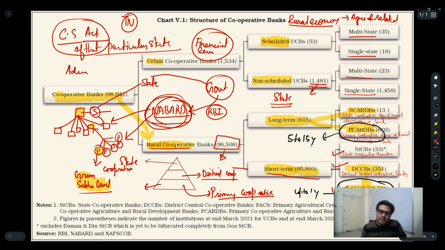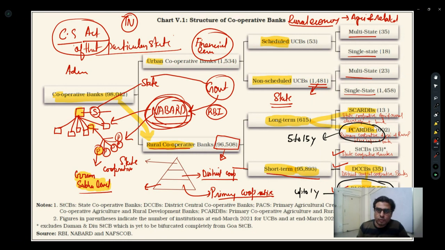But since liberalization, privatization and globalization, a lot of other activities are also happening in the rural area. And if it is not happening, there is an effort by the government, whether union or state, to make the rural economy more vibrant rather than just depending on agriculture and related sectors.